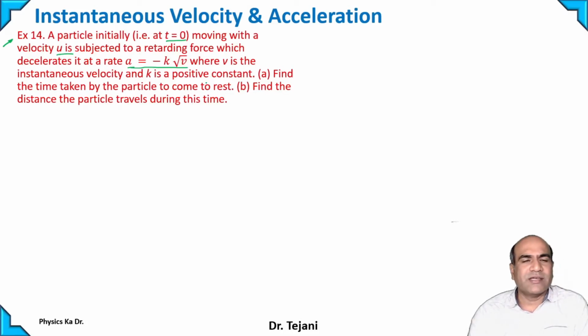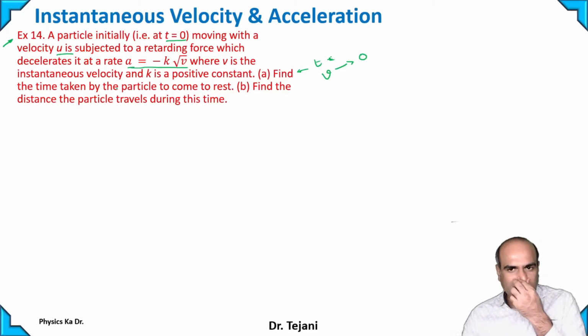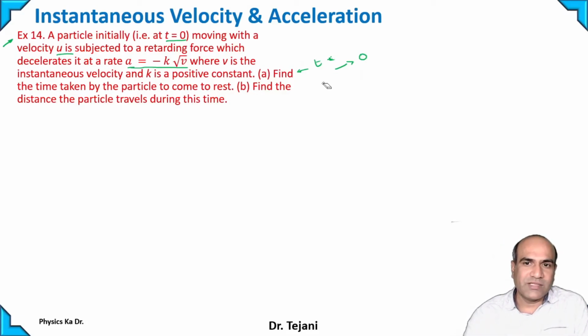Here v is the instantaneous velocity and k is a constant. Find the time taken by the particle to come to rest. So we need the time for the particle to come to rest, when velocity is 0. For this case, acceleration is given, and we need the equation of velocity.